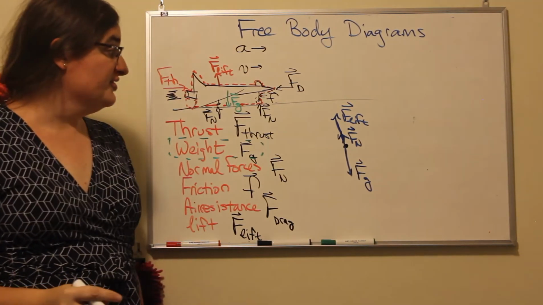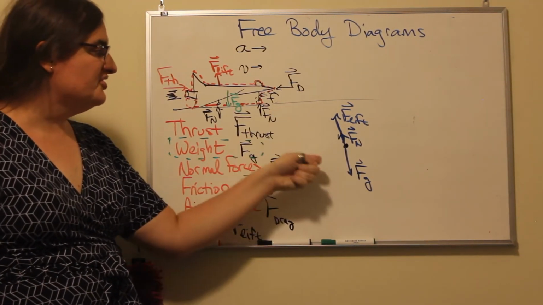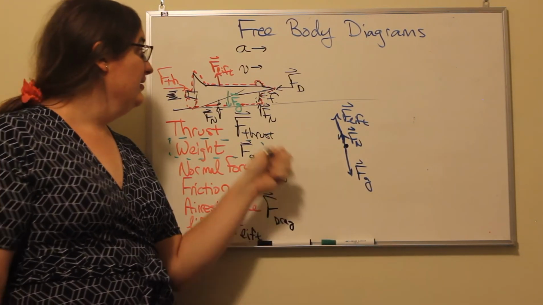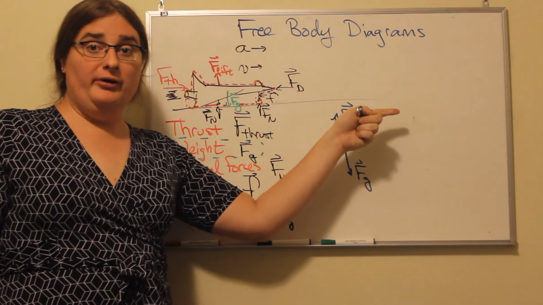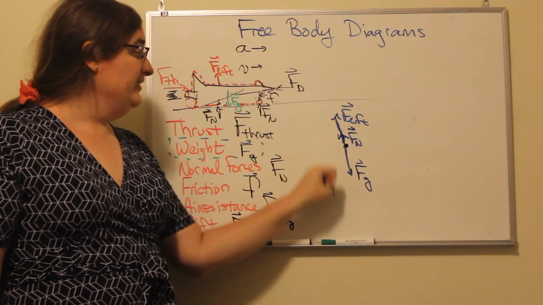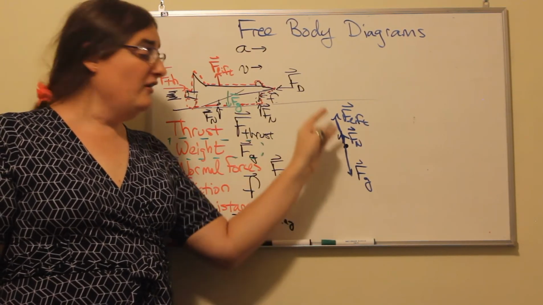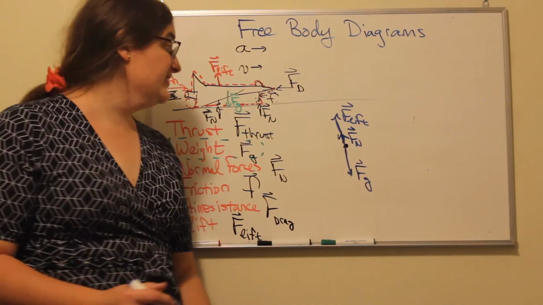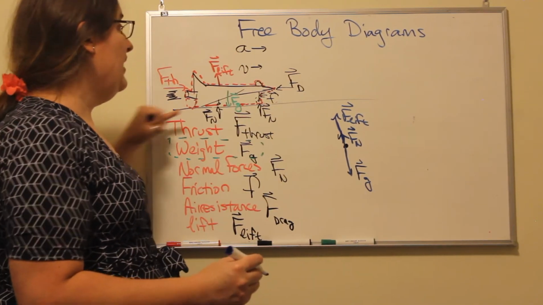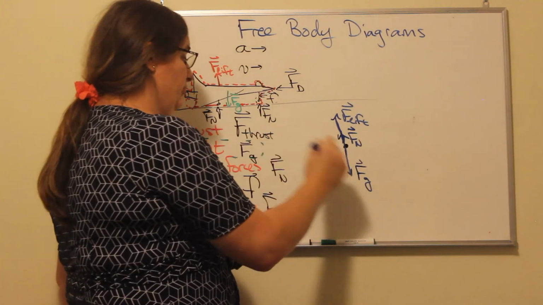So I have my force of lift, and I tried to draw this so that those two forces summed together equal the size of my force of gravity, because if my acceleration's forward, there is no acceleration up. So that means that my net force here has to be 0, and my total of my vectors has to have the same length.